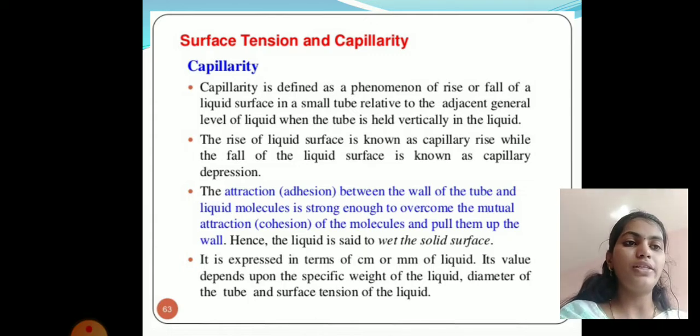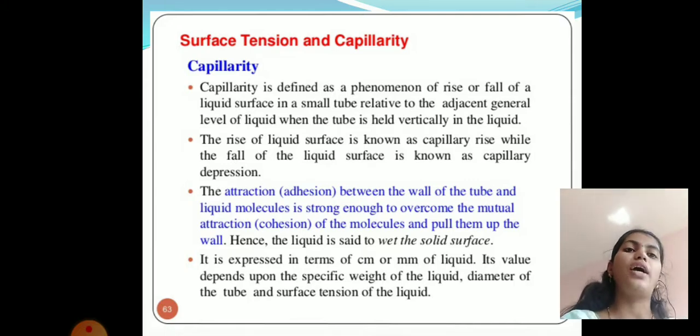It means that in a simple experiment, a capillary is held vertically in the liquid, and the layer of liquid in the tube continuously rises and falls.